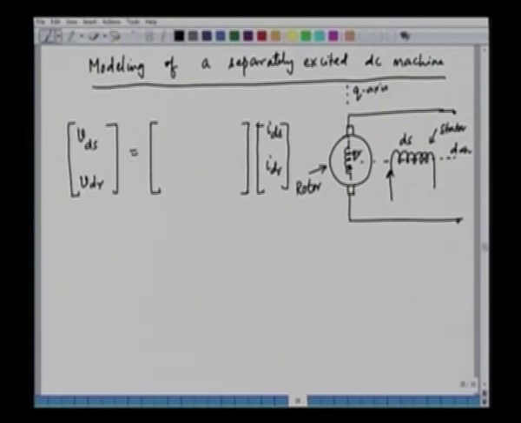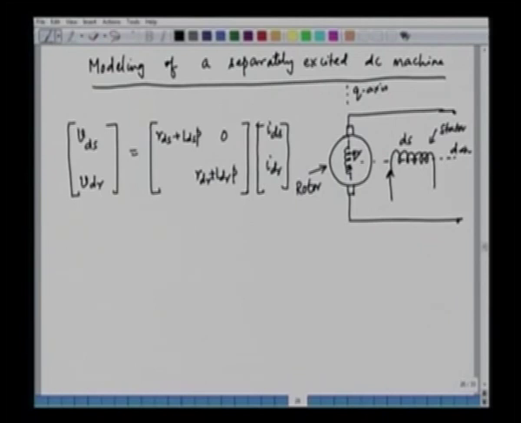So we can write down the equation that VDS is equal to RDS plus LDSP, and this is 0, and then we have RDR plus LDRP.